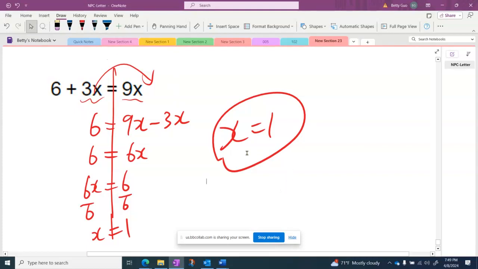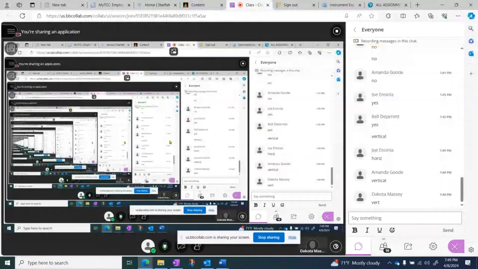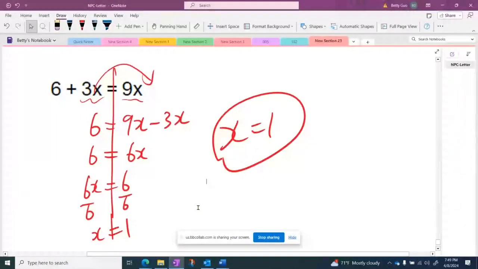I want to ask you, is this equation a vertical or horizontal straight line? Vertical. Yes, correct. Vertical straight line. X equals 1.